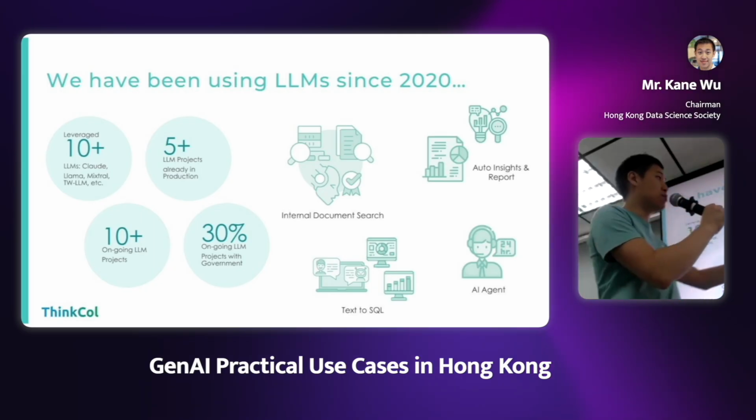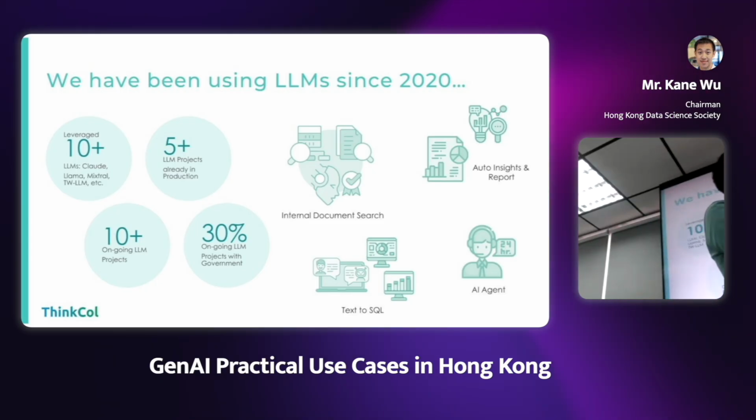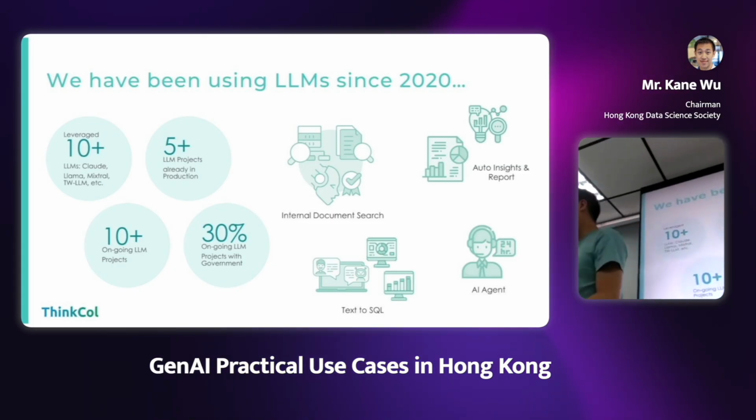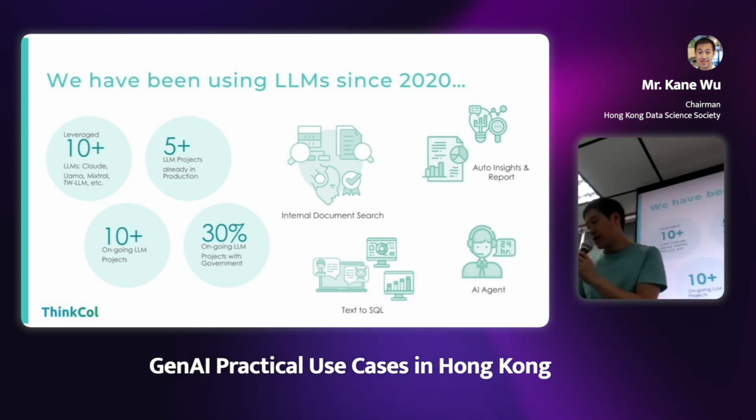So again, here are some use cases that we do. One is an internal document search. You could give a lot of PDFs and files to ChatGPT. We could also do text to SQL, connecting ChatGPT to a SQL database so that you could answer things about your promotions, about your data, about your sales.